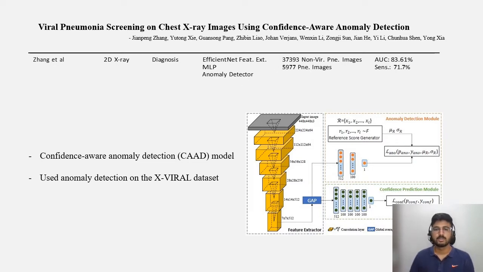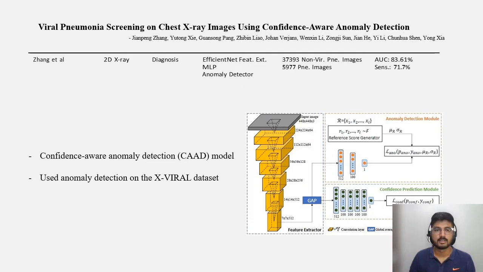The training was done using the pre-trained model of EfficientNet, which was basically trained on the ImageNet database. For this model, no COVID images were used for training, and hence the AUC and the sensitivity of this model is very low for the COVID X-rays. This was a very initial study that was done.